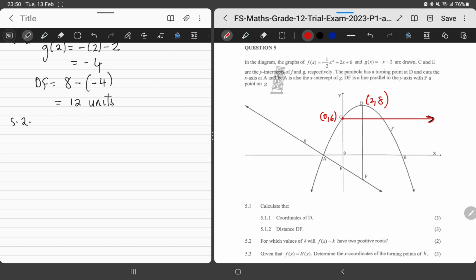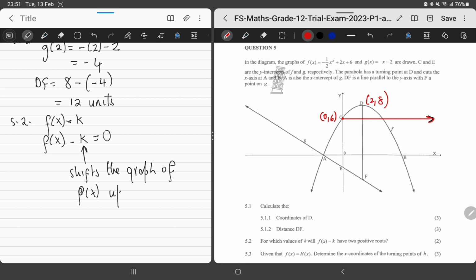So f of x should be equal to k. f of x minus k is equal to 0. So this means that k shifts the graph of f of x up or down.